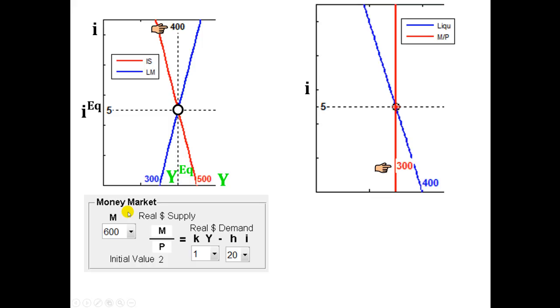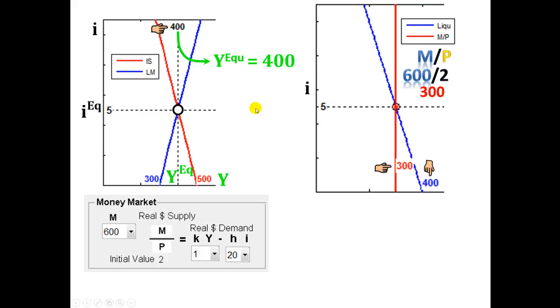If we plug in the value that we have in the money market, this is M divided by P, which is 600 divided by 2, which is 300, so this value is 300. What we want to find now is where this 400 comes from.